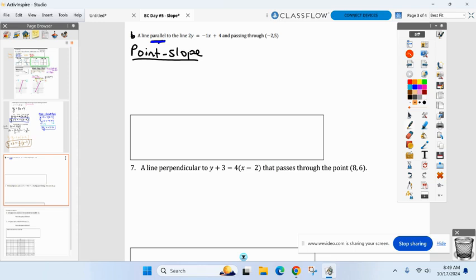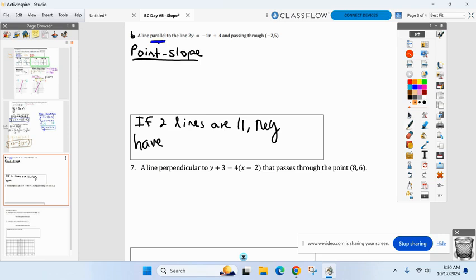Here's where this parallel thing comes in. And I don't think they did this last year. Parallel? Yes or no? I don't think they have. No, right? If lines are parallel, here you go. If two lines are parallel, they have the same slope.